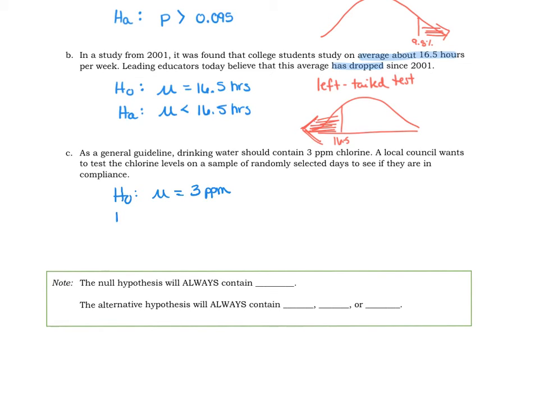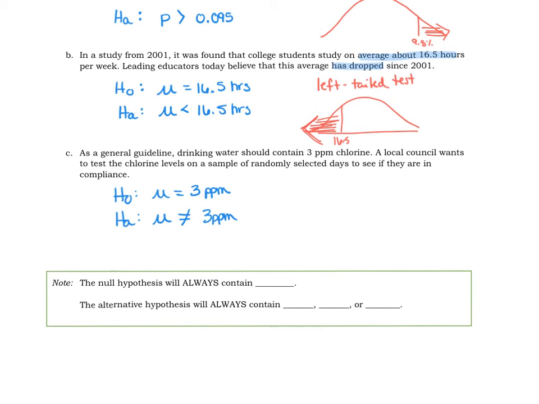They want to test the chlorine levels to see if they are in compliance. Not enough chlorine is bad because it isn't cleaning your water, but too much chlorine is also bad because it can poison you and make you sick. So they are interested in finding out if they are off the mark in either direction, not just on the high end, but potentially on the low end as well. Whenever we have a test like that, we are testing that the mean is not equal to 3 parts per million. In other words, too low is bad, but too high would also be bad.